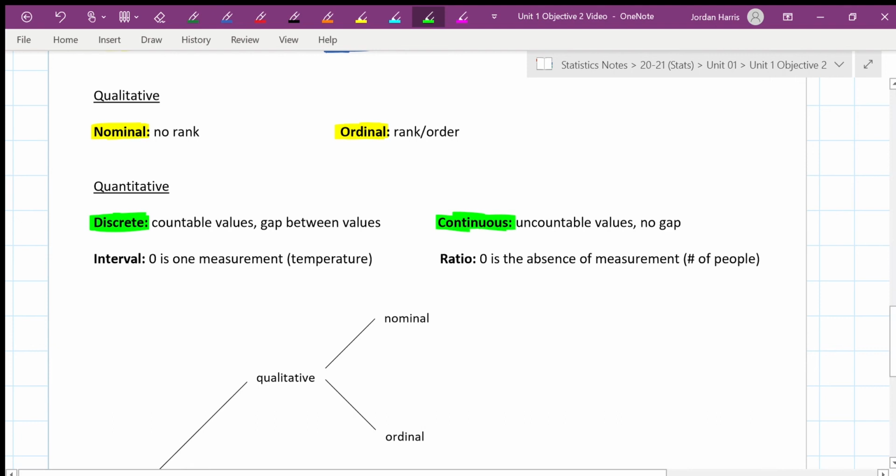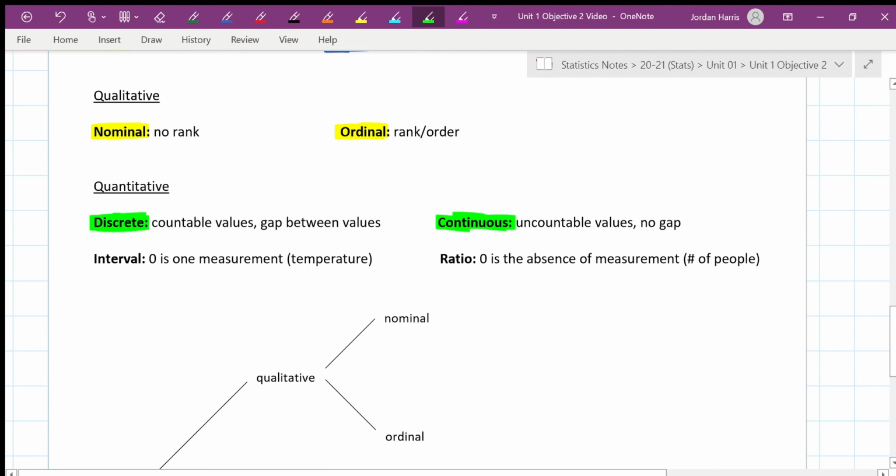It has to be a whole number, right? That makes it discrete. Continuous means uncountable or no gap. A lot of people get confused about this. If you are measuring a distance, right, you can have any number of decimals to describe that distance. That makes it continuous. Okay, meaning we can have any number of decimals.